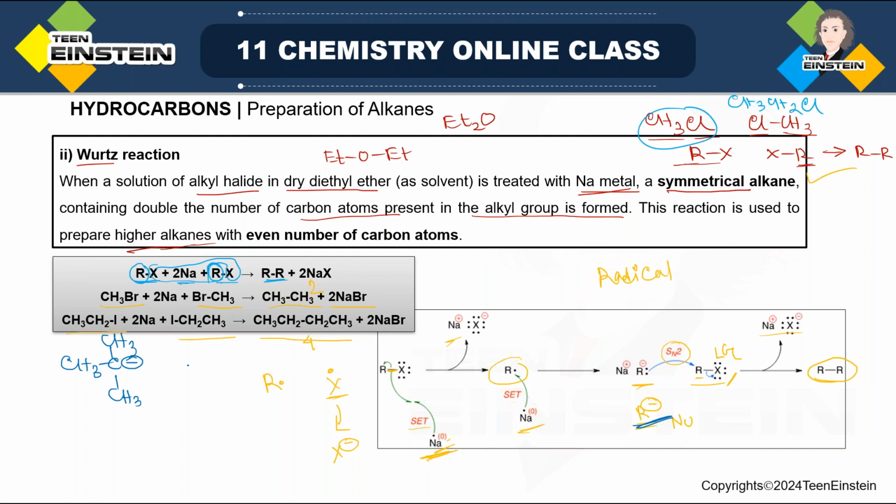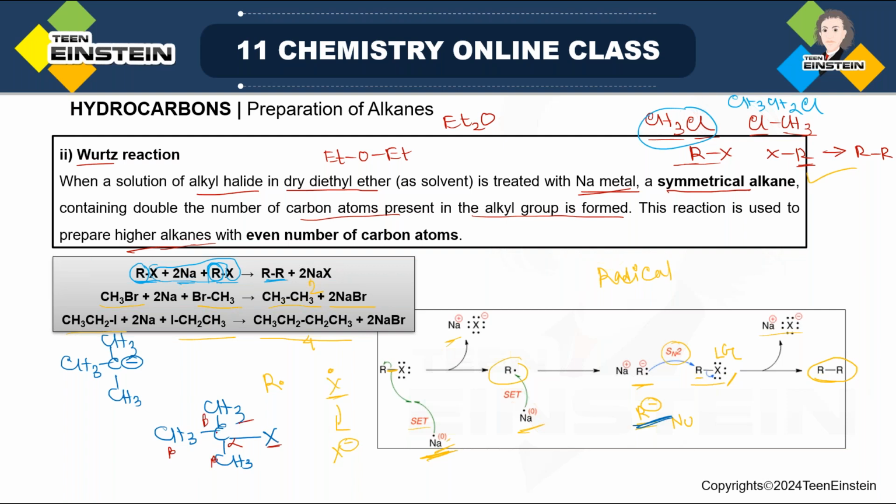This base can remove hydrogen from another tertiary butyl halide. So this is another molecule of RX. This negative charge can capture hydrogen from the beta position of carbon. The carbon bearing X is the alpha position, and all these positions are beta.